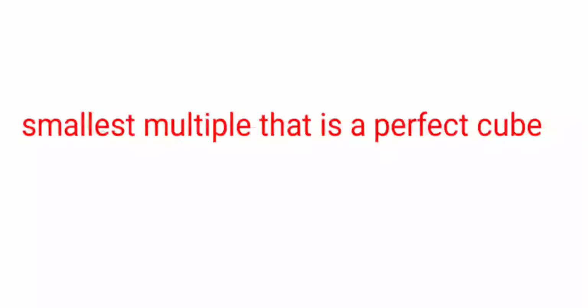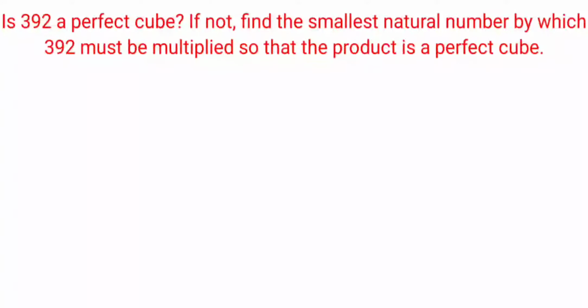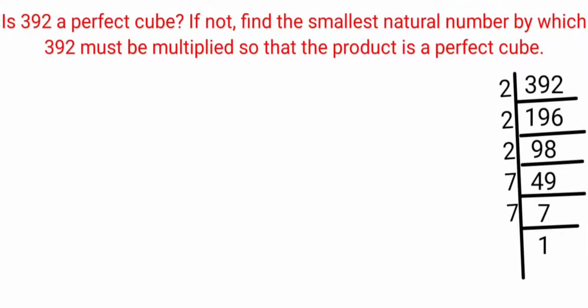Next, find the smallest multiple that is a perfect cube. Here an example: is 392 a perfect cube? If not, find the smallest natural number by which 392 must be multiplied so that the product is a perfect cube. So these are the factors of 392: 2 into 2 into 2 into 7 into 7.